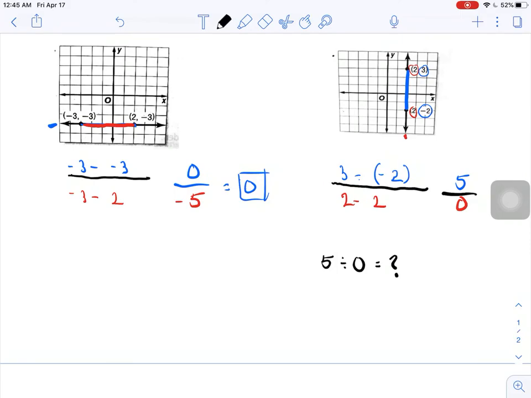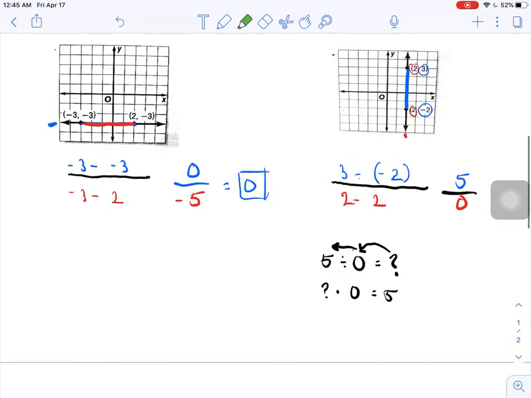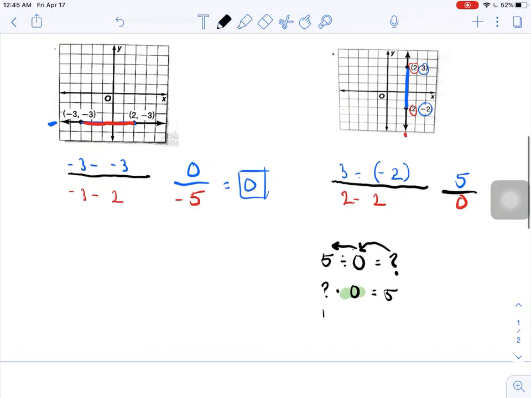So that means if I were to use my fact families and work backwards, my answer times 0 should equal whatever I started with. But I immediately have a problem. We know that no matter what number is here, that number, no matter what it is, getting multiplied by 0, any number times 0 is supposed to equal 0, not 5, which means this doesn't work.